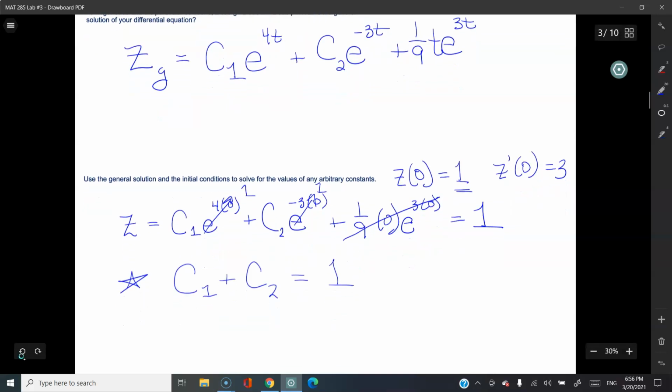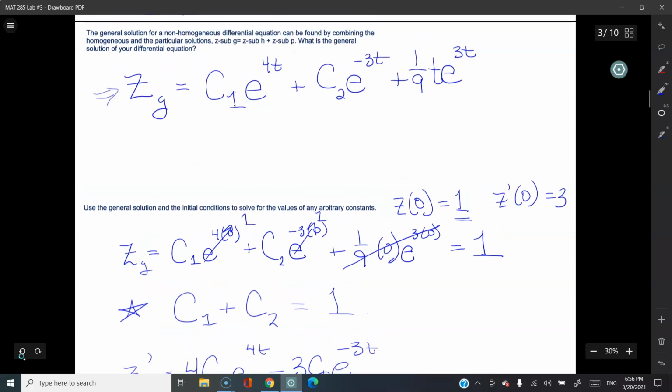We're also going to find z prime and use our z prime condition. To find z prime, just go back to what we found for our general solution and take the derivative. So we get 4c1 e to the 4t minus 3c2 e to the negative 3t, and we'll have to do a product rule on that last term.